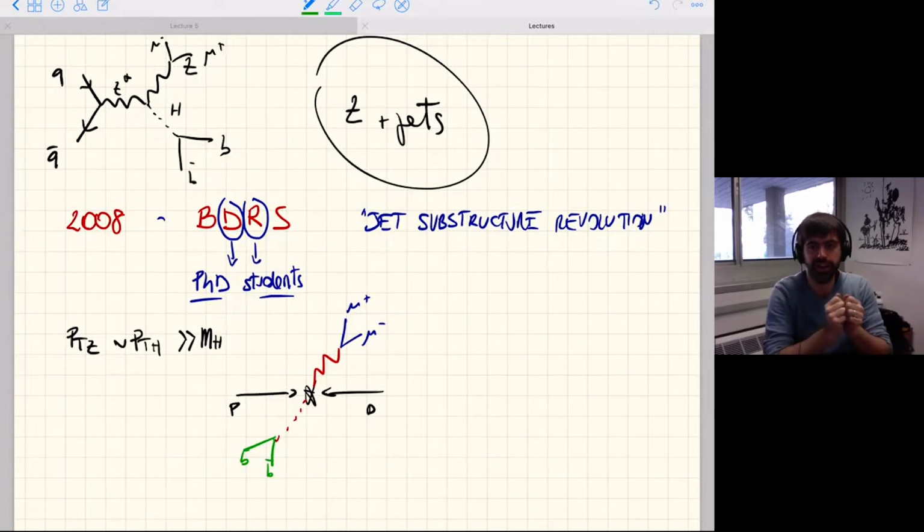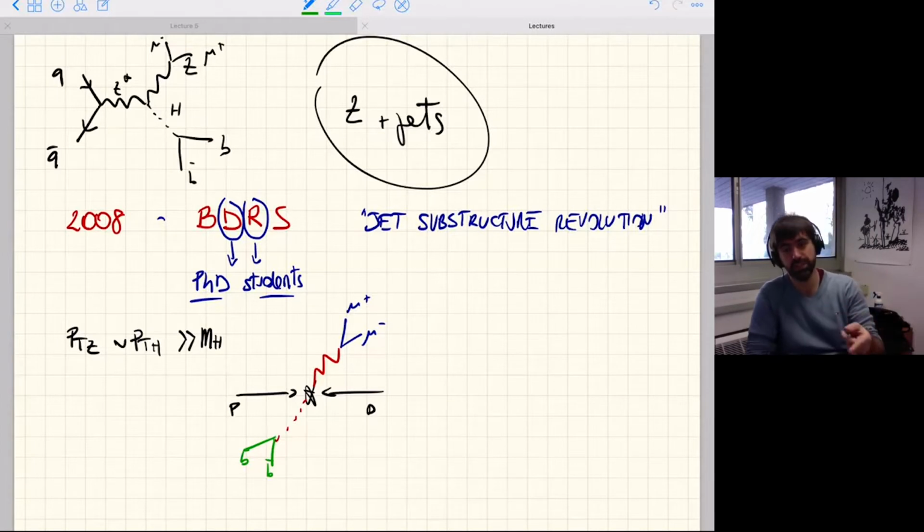So if I have a particle at rest that decays, say a scalar particle that decays in its rest frame, the decay products will be distributed in a spherically symmetric way. If instead I look at this particle in a boosted frame where this particle is moving very fast, then its decay products will tend to be collimated along the boost direction.